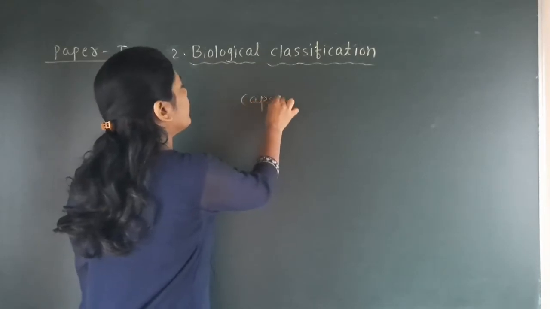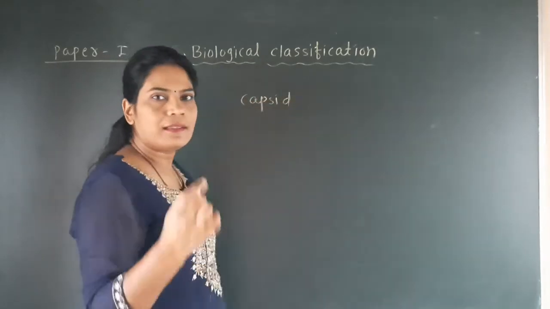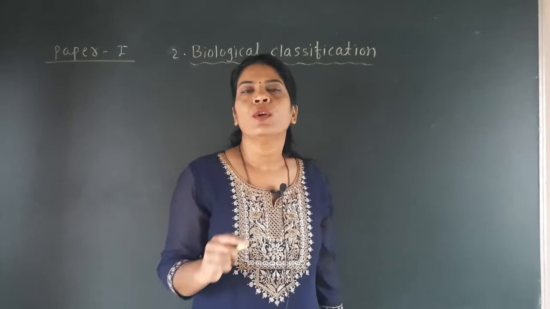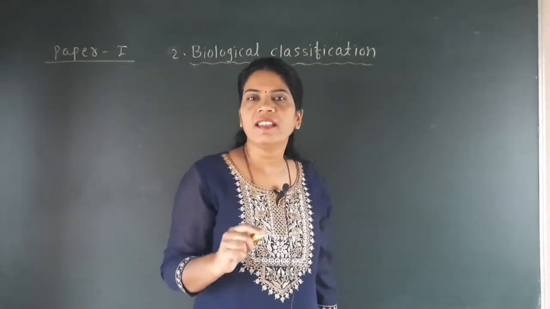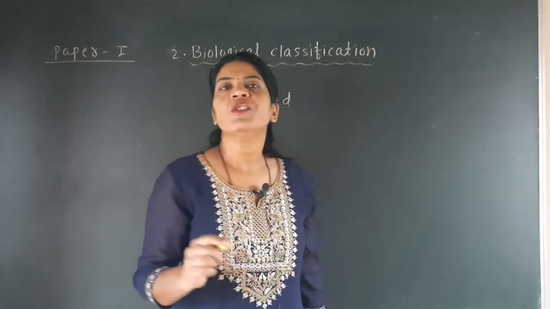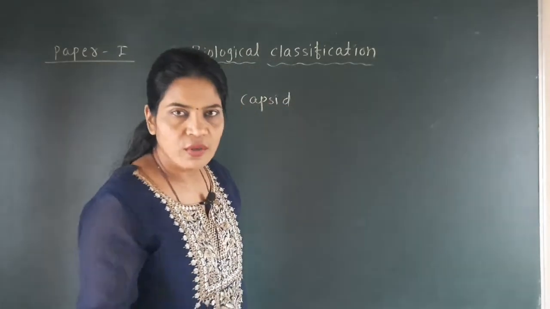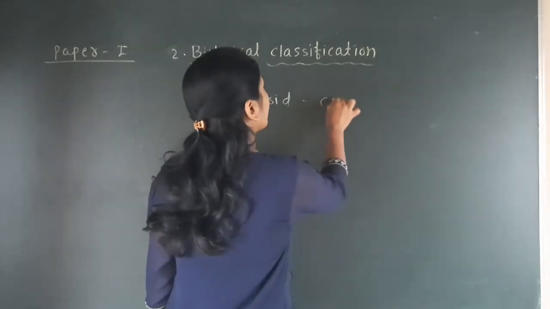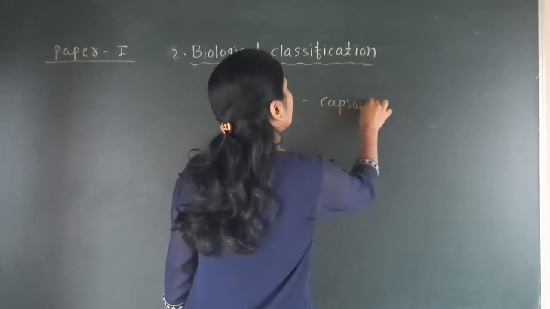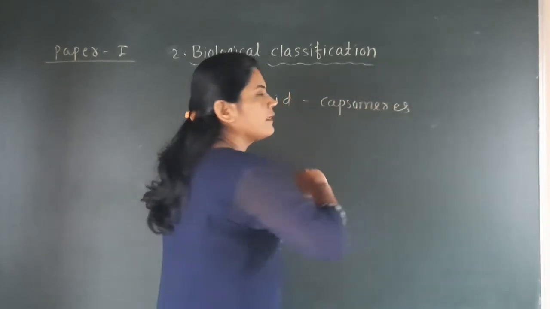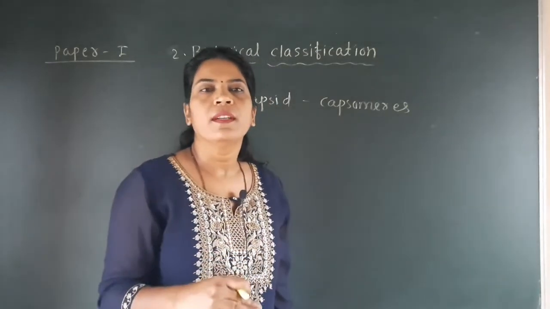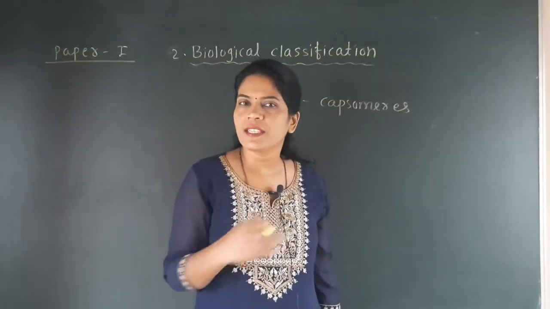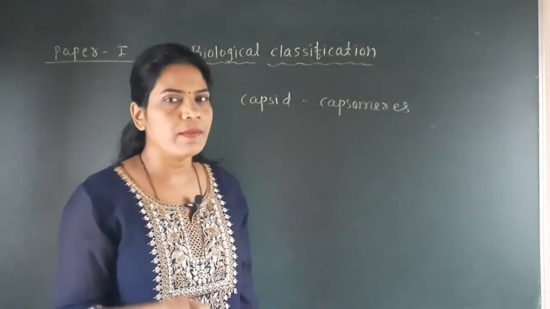So we have seen that capsid is nothing but the protein coat which is present around these viruses, and these capsids are made up of small units, and the small units are called capsomeres. Okay, so this is the general information that we have seen about the virus in our previous lecture.